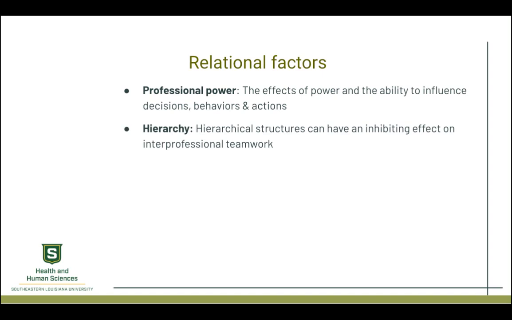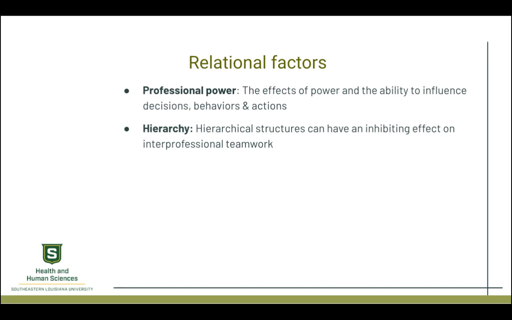And then you have hierarchy. I'm also going to use the example of the doctor member of the team. In a situation whereby you have a medical doctor that's decided that they are most suited to be the leader of the team and not doing a very great job of it, because of the hierarchical nature of doctors and the rest of the other professionals, someone who is not a doctor may feel a lot less inclined to say, no, you're not doing such a great job, I think somebody else should do the job, just because they are a little bit lower on the hierarchy than a medical doctor is.